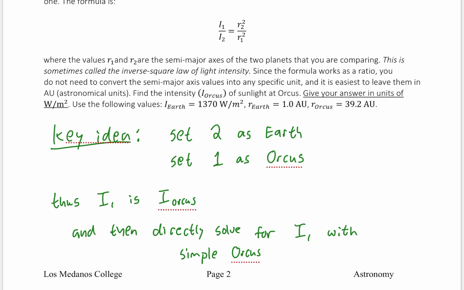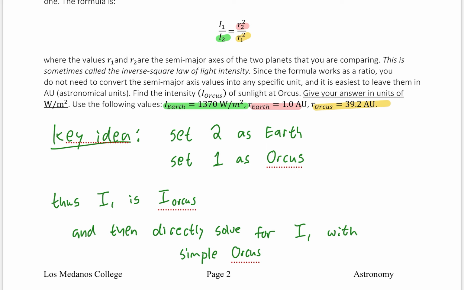All right. And to just reiterate what are our knowns, the things that we know, I Earth, which I defined as I2. So right there. We also have our Earth, which would be our R2. And then our last known is our Orcus, which is R1. So then you can see the only one that's not colored is our only unknown, and simple algebra to solve for it.